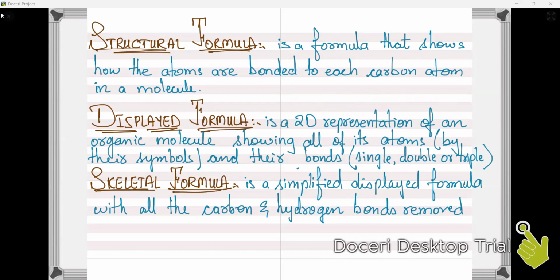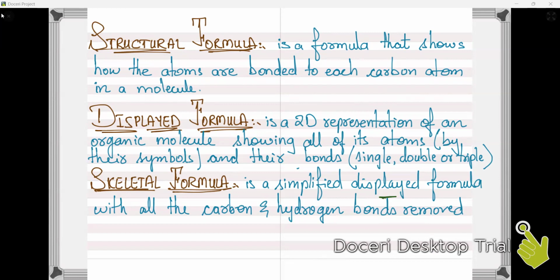Then comes the skeletal formula. The skeletal formula is a very simplified version of any compound. That's what we call the skeletal formula, and generally it's also related to organic compounds. Let me give you an example.